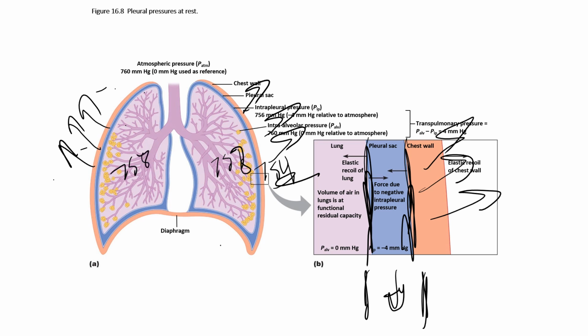Well, atmospheric pressure is still 760. That hasn't changed. So now the air pressure in the atmosphere is greater than the air pressure in the lungs because the lungs have expanded. The volume has increased, driving down the air pressure in the lungs. So since the air pressure is greater in the atmosphere than it is in the lungs, air is going to move from the atmosphere into the lungs.